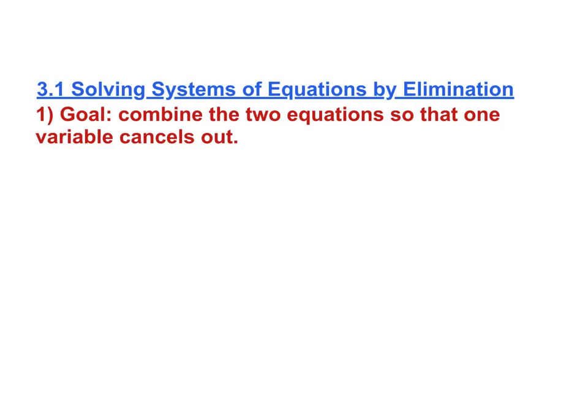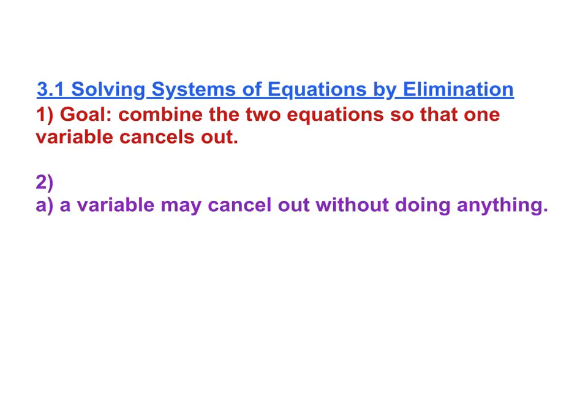There are 3 different types of situations that we're going to run into, and I'm going to outline those 3 things here, because for each one, the process is a little bit different. The first situation is where a variable might cancel out without having to do anything. And the first example we look at here in a couple slides will be like that.